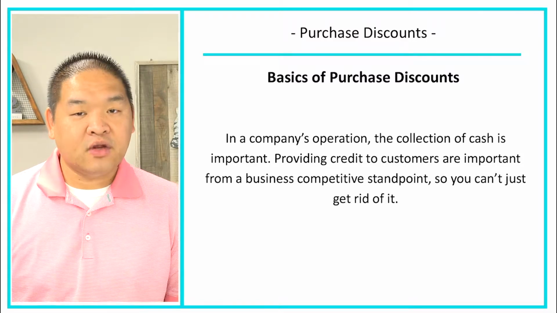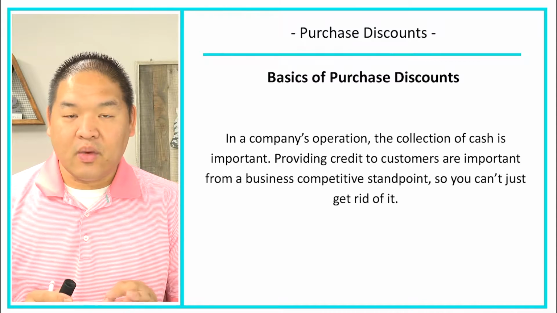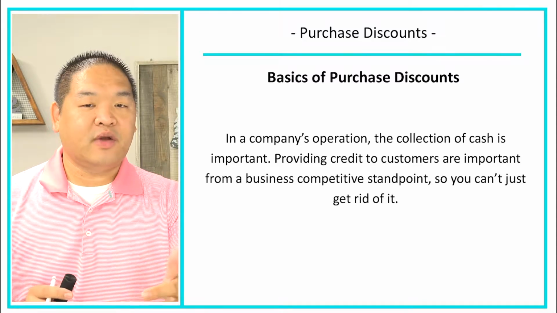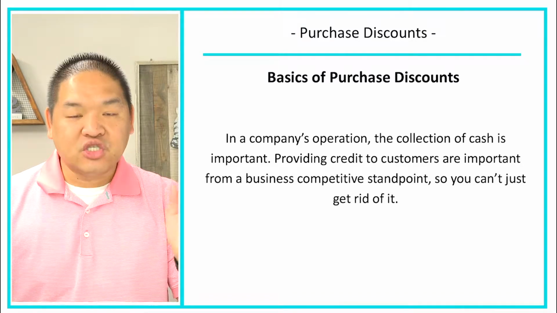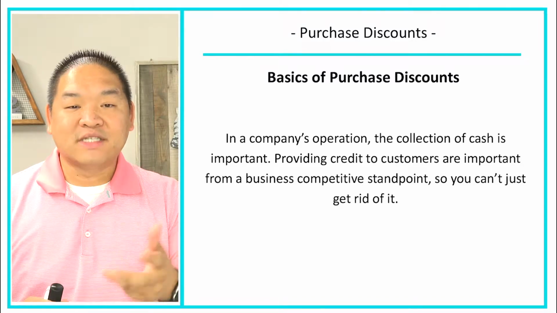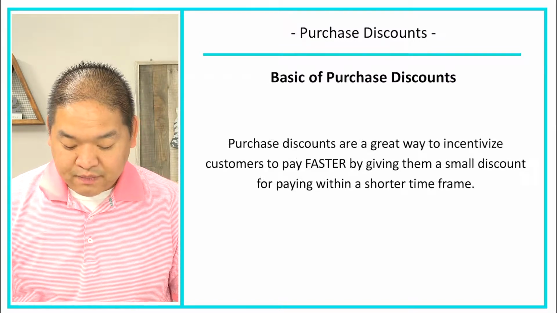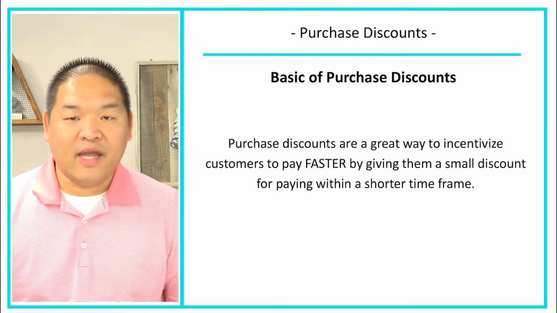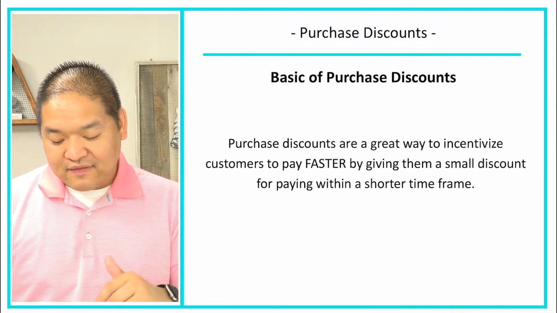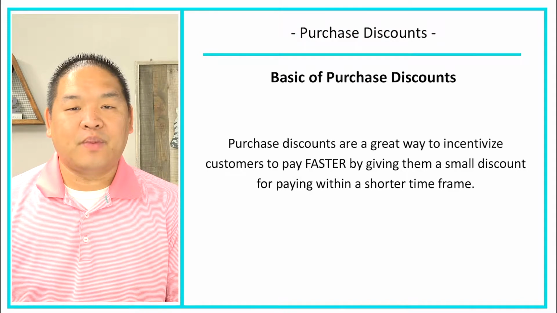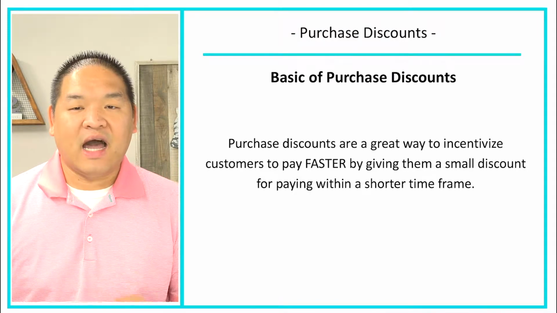Now, a vendor has to offer these credit terms, but what they really want is to offer the credit terms and receive the cash back as quickly as possible, so reducing that receipt time cycle from their customers. Purchase discounts are a great way to incentivize customers to pay faster by giving them a small discount for paying within a discount period, a shorter time frame.